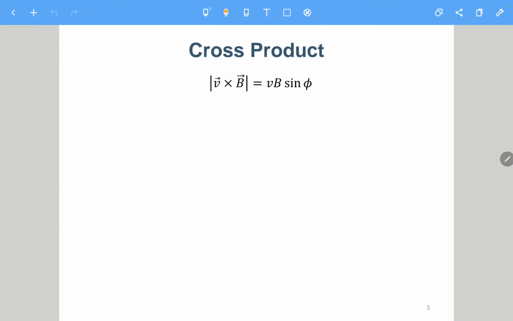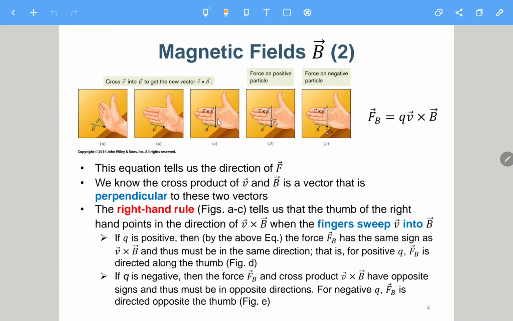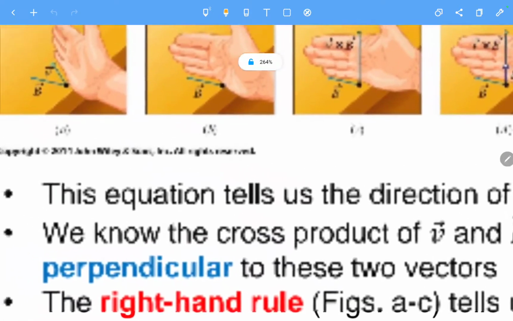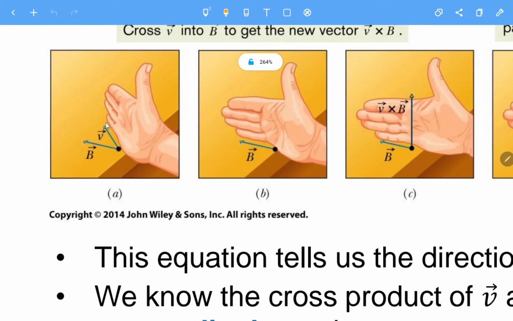Here we talk about how to determine the direction of the cross product. In figure A, we assume that V points in this direction and B points in another direction.